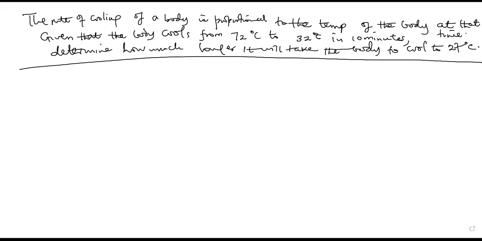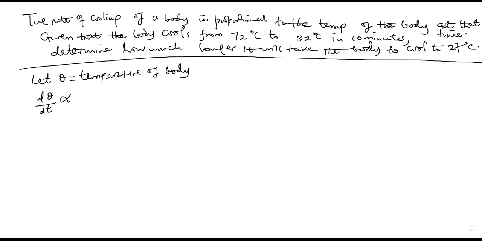Okay. Here still, let theta equal the temperature of the body. They are saying that the rate of cooling, so just say d theta dt, is proportional to the temperature of the body at that time.